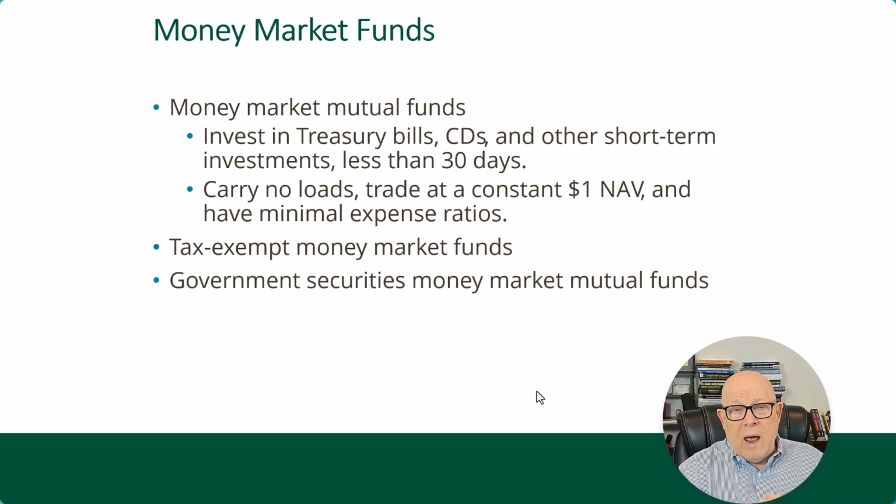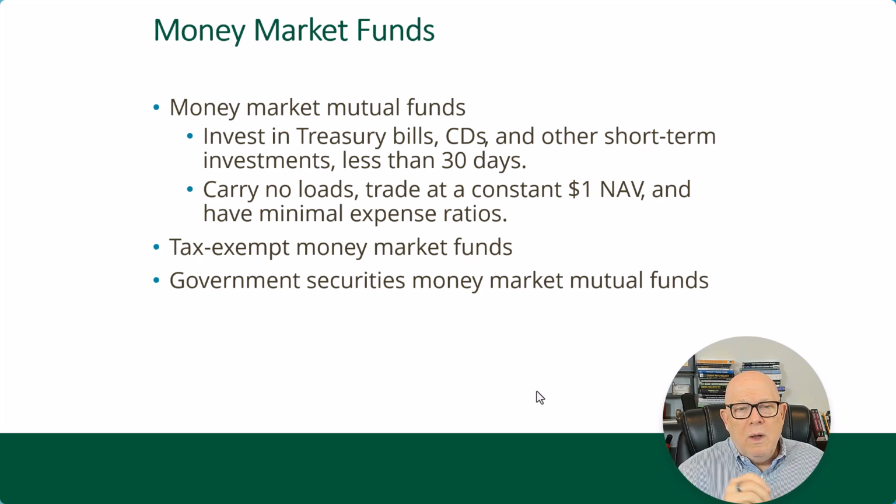For example, right now, you can buy a Schwab money market mutual fund that's paying about 3.5%, much higher than what you can get in the bank. It's fairly safe in that it's invested in very short-term government investments.